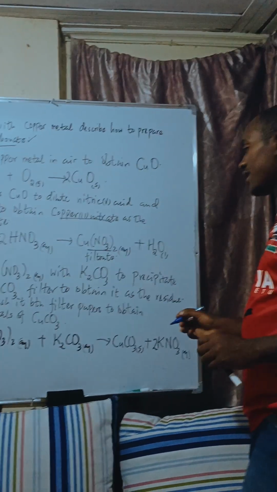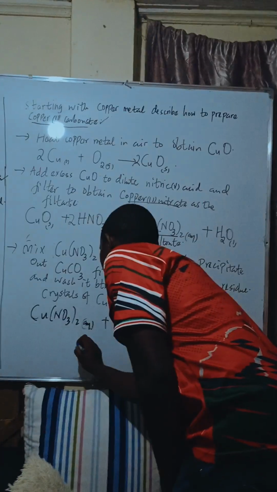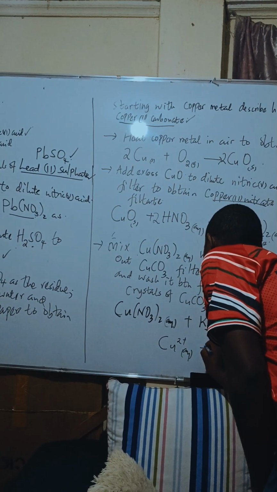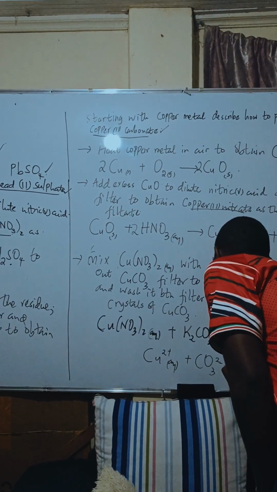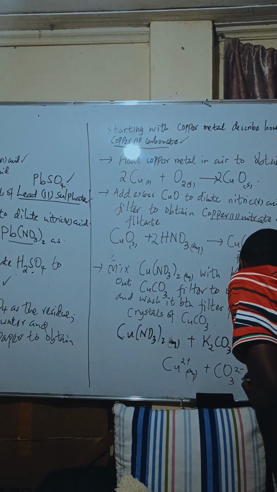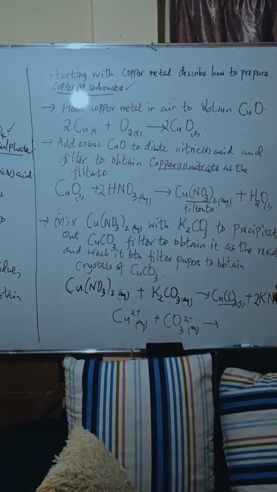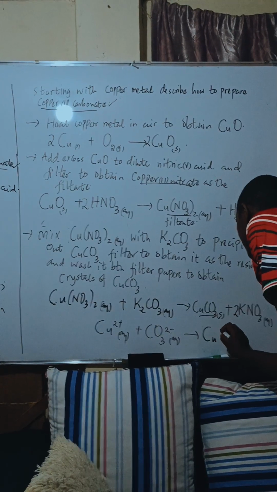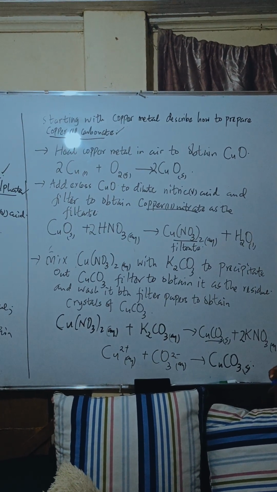And for the ionic equation, the ions that undergo change are copper ions aqueous plus carbonate ions from potassium carbonate aqueous to give us copper carbonate, which is a precipitate solid.